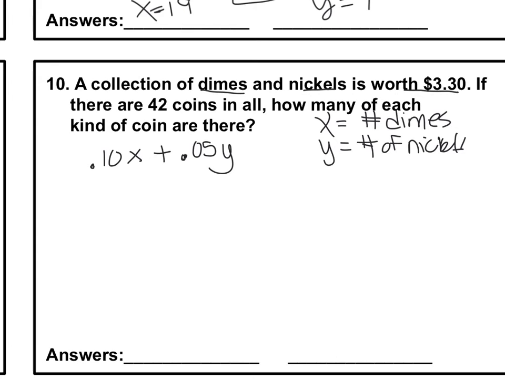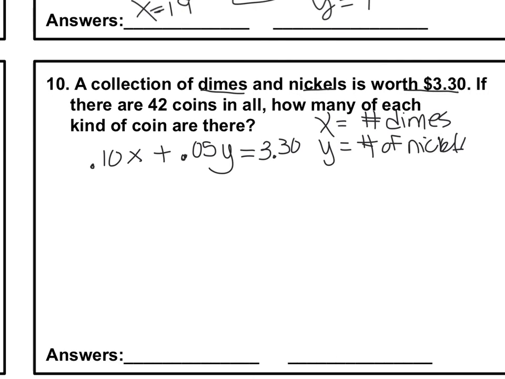If you multiply 10 cents times how many dimes and then add 5 cents times however many nickels you have, it's going to total $3.30.